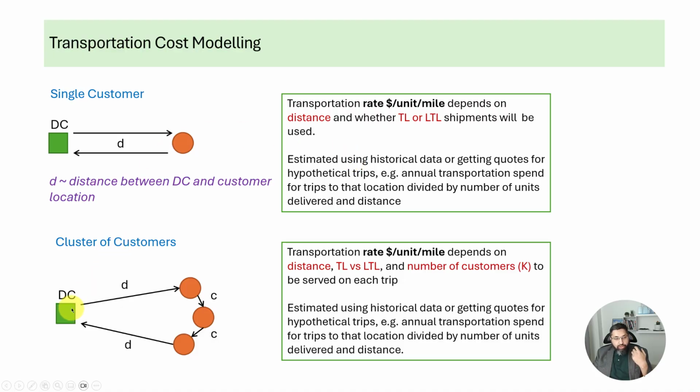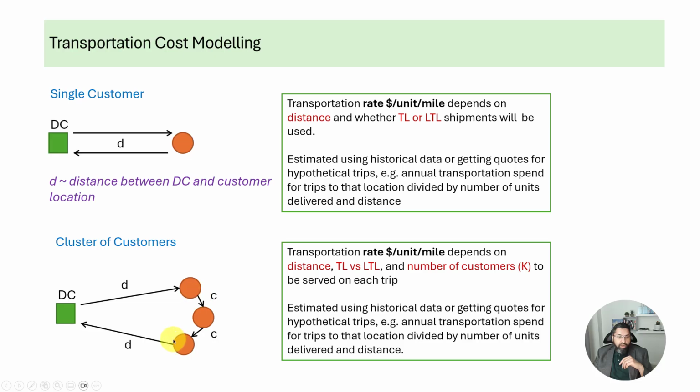Now, if you are traveling to a town or a city or a county and hitting multiple retail stores or customers before coming back, then your transportation cost between this county or city, which is considered one demand point, and the DC will depend as before on the distance and whether you're using truckload or LTL shipments, but it'll also depend on how many customers you hit on each trip.